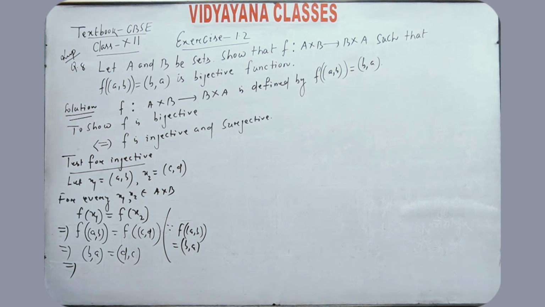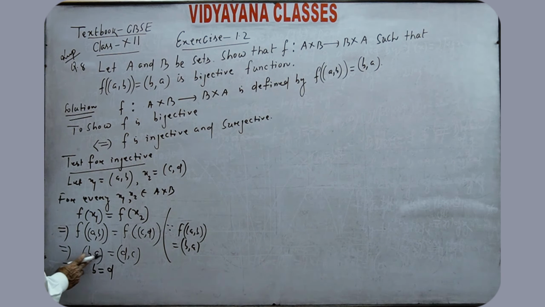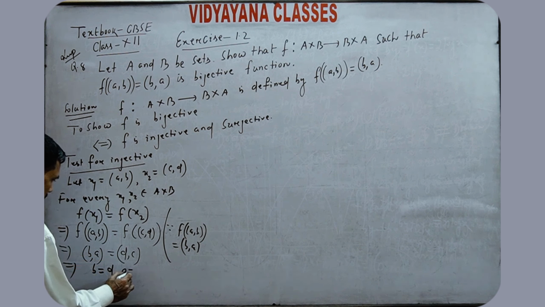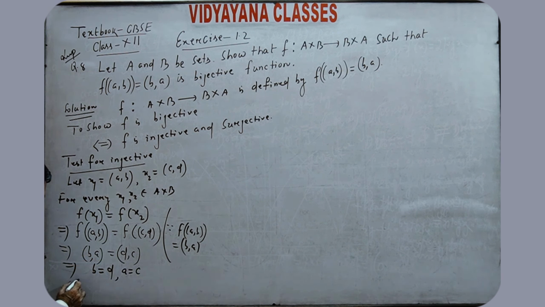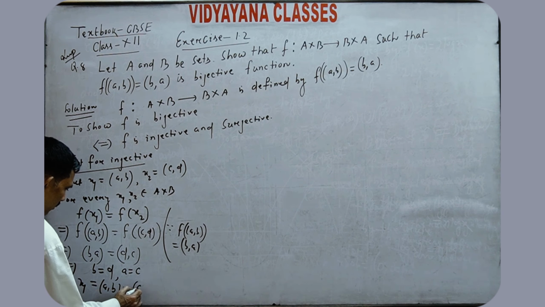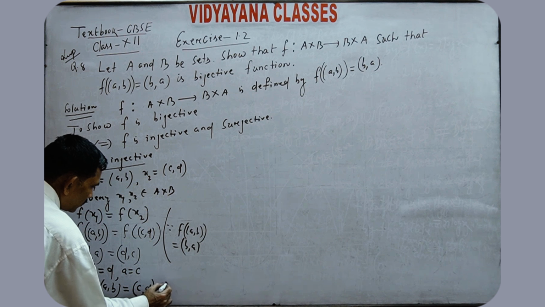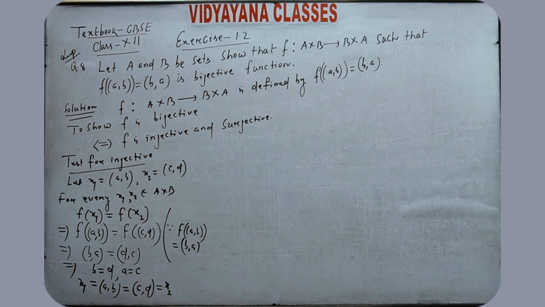X coordinate is equal to X coordinate, Y coordinate is equal to Y coordinate. b is equal to d, a is equal to c. x1 is equal to, what is x1? (a, b) order pair. It is same as a means c, b means d, and (c, d) is equal to x2. f(x1) is equal to f(x2).